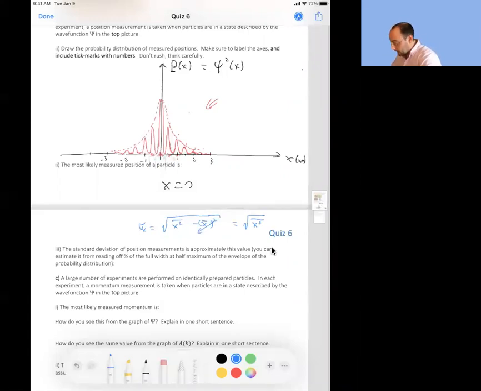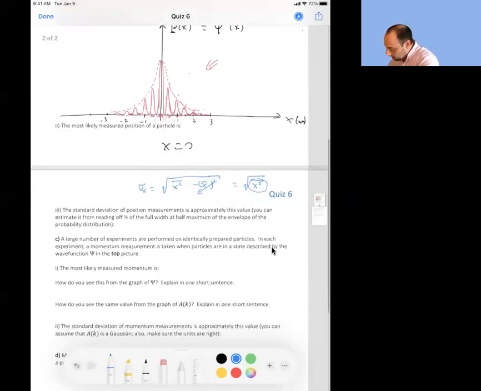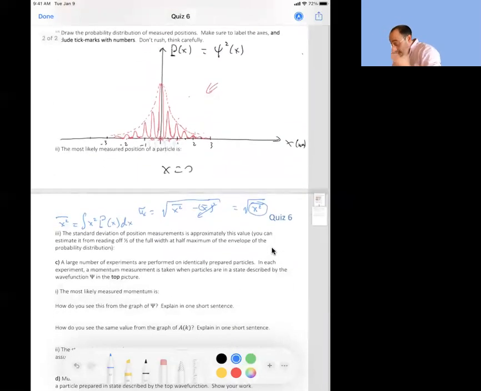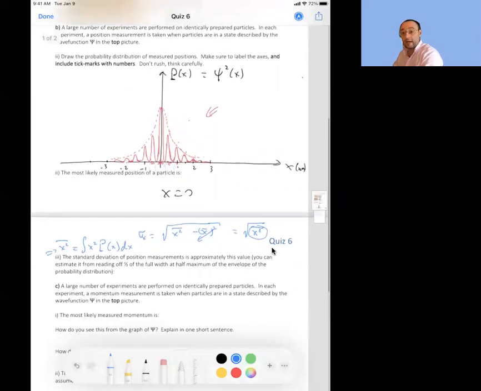How do you compute the average of x squared? What does this thing right here mean? Well, the average of x squared is the following thing. Notice I'm using capital P so you don't confuse it with momentum. To actually compute this, you have to take this function, the wiggly one, multiply by x squared and integrate.